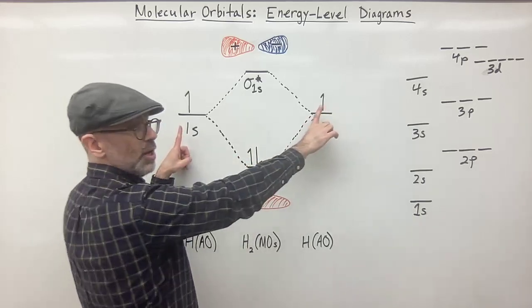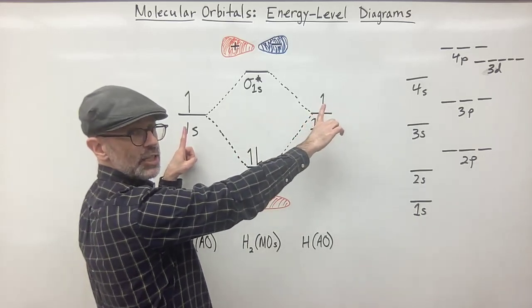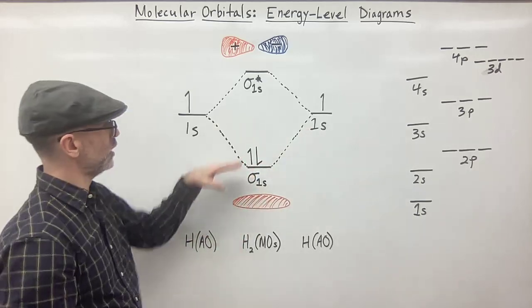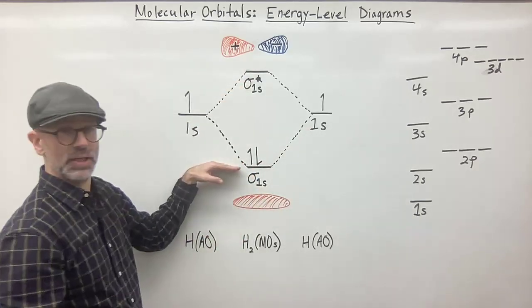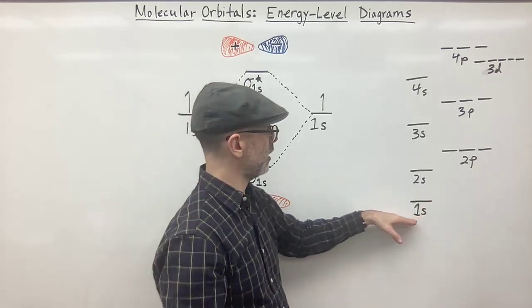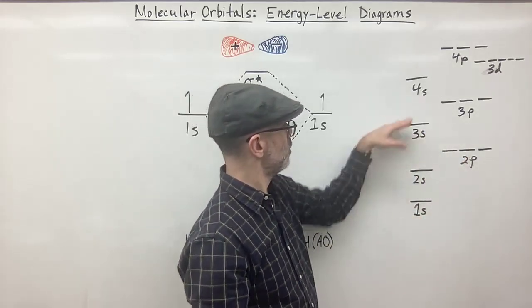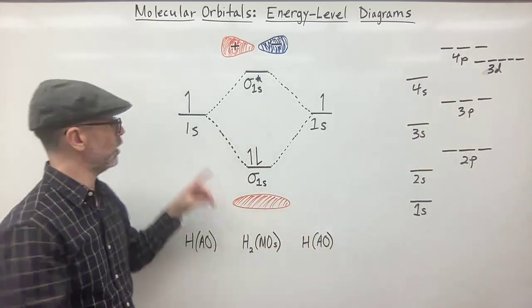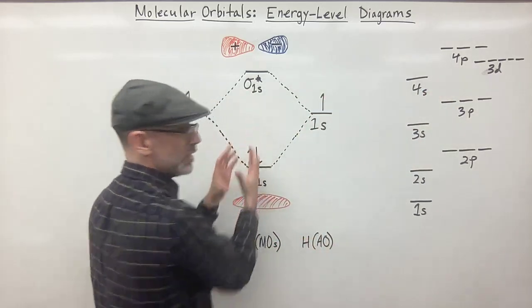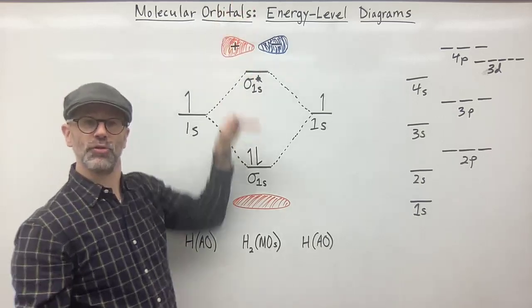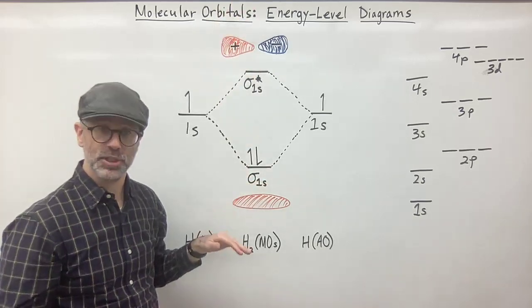These two valence electrons from the atoms are now going to be added to the molecular orbitals. Here we have one molecular orbital, here we have another. Just like we filled in the atomic orbitals, we're going to combine the electrons from the two atoms, and fill in the molecular orbitals according to the same principles.